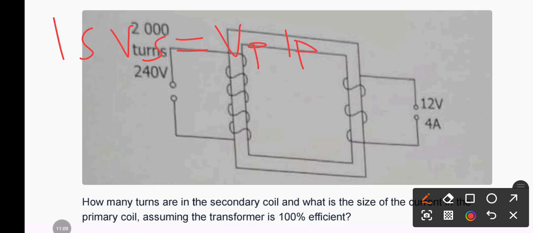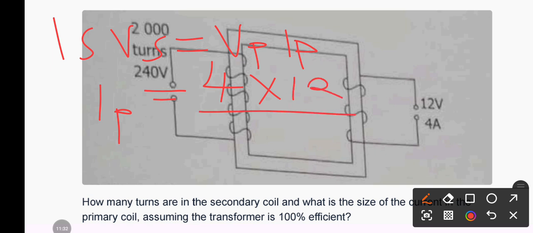We want IP here. So IP will be equal to IS, the current in the secondary coil, which is 4 amps, times VS, which is 12, over the voltage, which is 240.